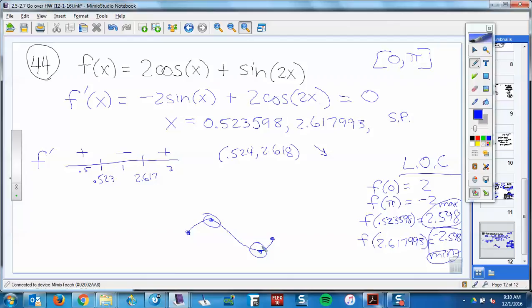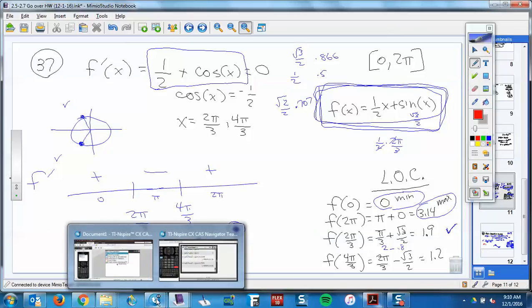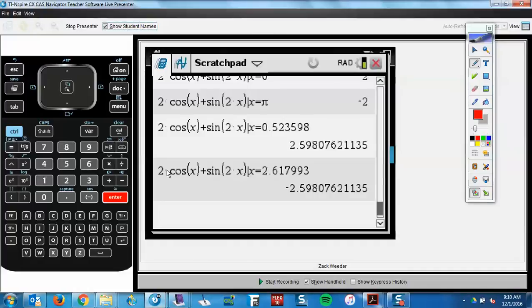All right, and then finally it says, where is f concave up? I'm going to leave the rest of that for you to finish, but what do you need? You need the second derivative, so you're going to need to get that. We already had it on the calculator, but I want to give you some work time here. So he would go back up to his second derivative, set it equal to 0, and do a solve with the vertical bar, 0 to pi. It's going to be a good one for you to work on when I give you some work time, to make sure you can run your calculator.